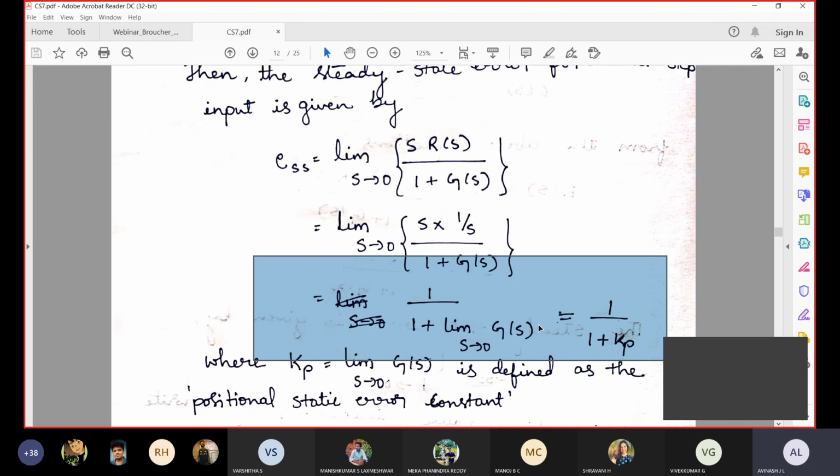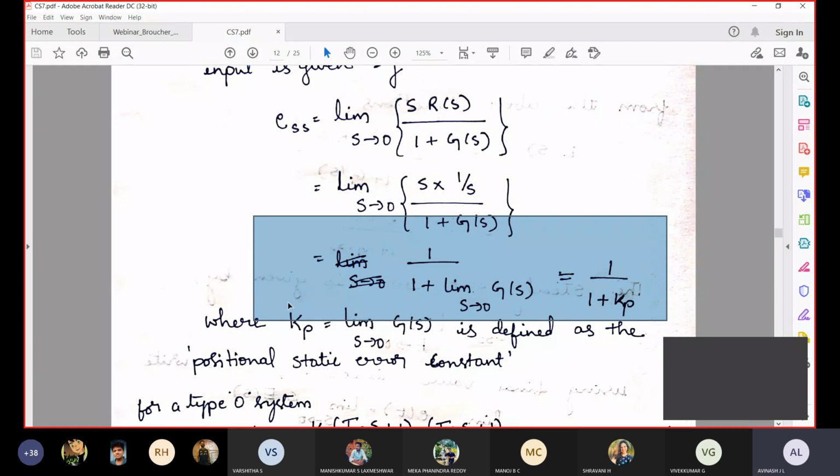So now 1 divided by 1 plus the limit s tends to 0 of G of s, which is kept as Kp, a constant, the positional static constant. When you apply the unit step function, the value you get for limit s tends to 0 of G of s is a constant called Kp. P stands for positional constant.